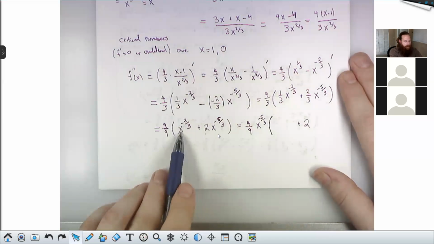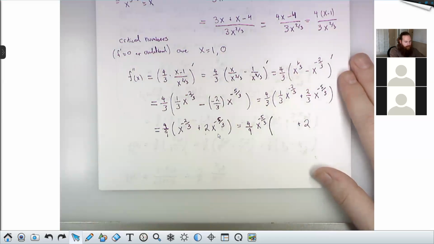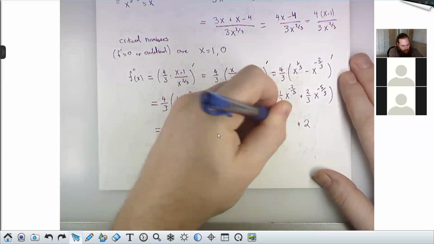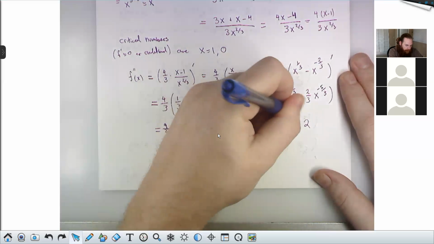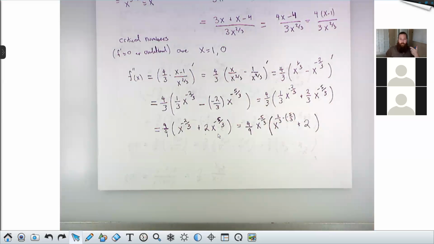If I take x to the negative 2/3 and I want to divide out by x to the negative 5/3, I will have x to the negative 2/3 minus negative 5/3. Remember, factoring is division. When I factor out x to the negative 5/3, I'm dividing this whole expression by x to the negative 5/3. If you want to divide x to the negative 2/3 by x to the negative 5/3, that means you're subtracting the powers.